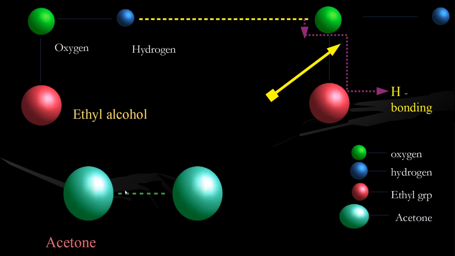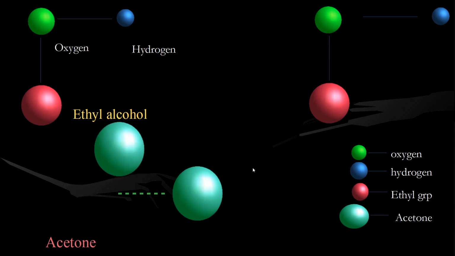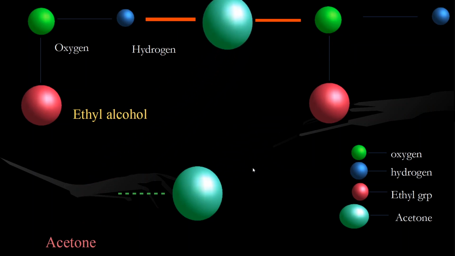Similarly, we have here acetone, which also has an interaction. But when we mix them together, you can see that the acetone molecule gets mixed up with the ethyl alcohol molecules, and the bond or interaction formed there is found to be a very weak interaction.